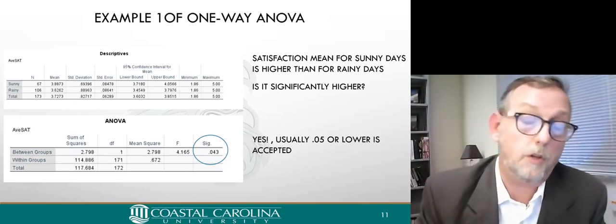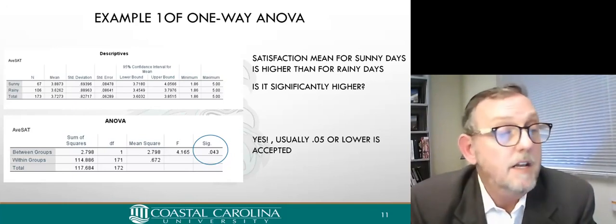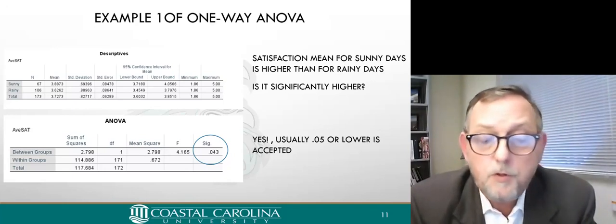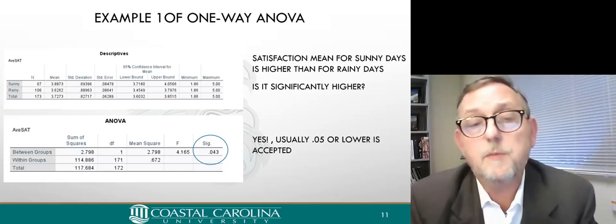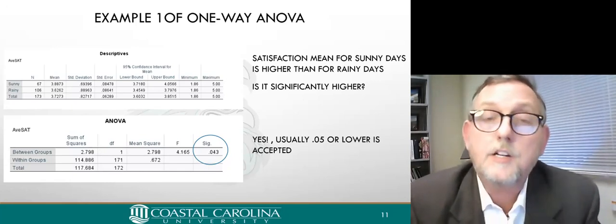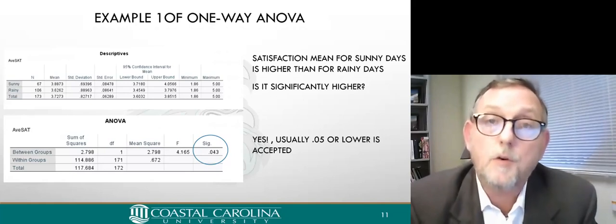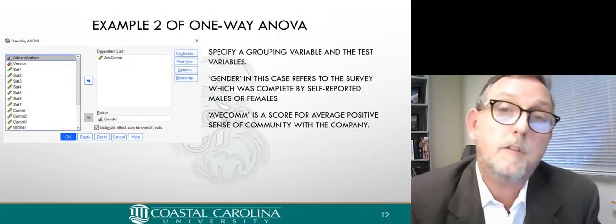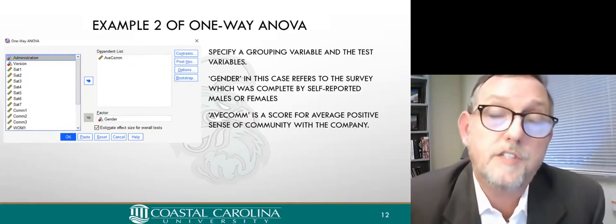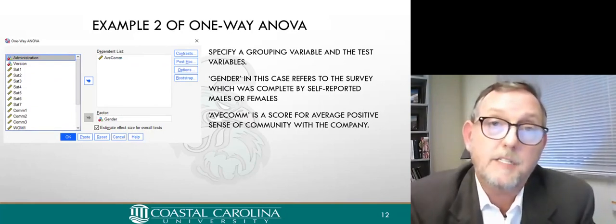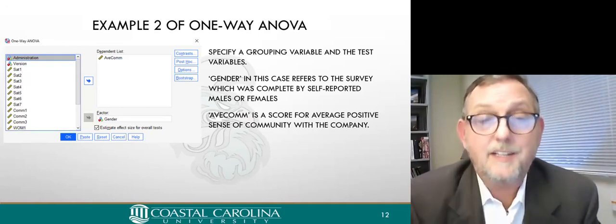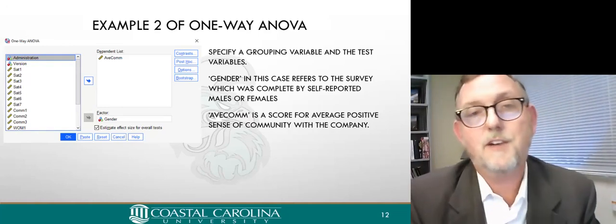So based on this data, based on this sample, people who respond to service environments on sunny days are significantly happier or more satisfied than people who respond to the same survey in a service environment on rainy days. So if you want to get your customer satisfaction scores up, hope for a lot of sun, I guess.